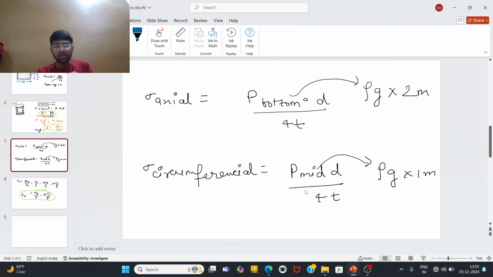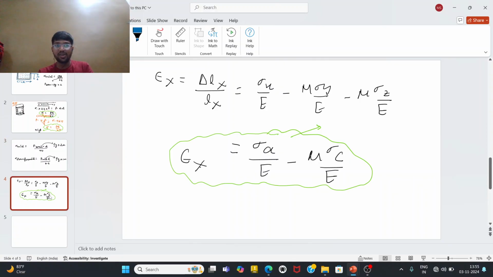Now we come to how we find the strain, the axial strain in the x direction, and how the cylinder expands. When we design something, our interest is to find how much it deflects, how much it deviates from its original position, when the cylinder is filled with water. By simple theory, the strain epsilon x is equal to sigma x upon E minus mu sigma y upon E minus mu sigma z upon E, where mu is the Poisson ratio. Here it is a 2D profile, so you can neglect the third coordinate.